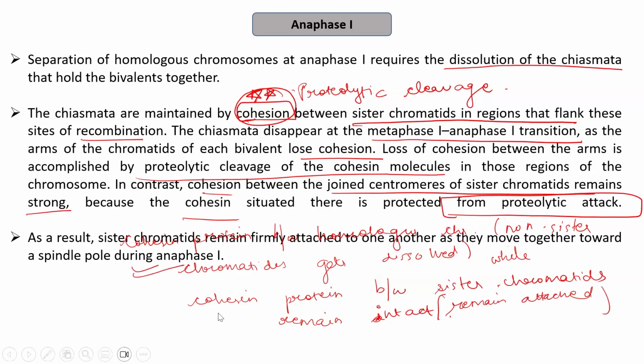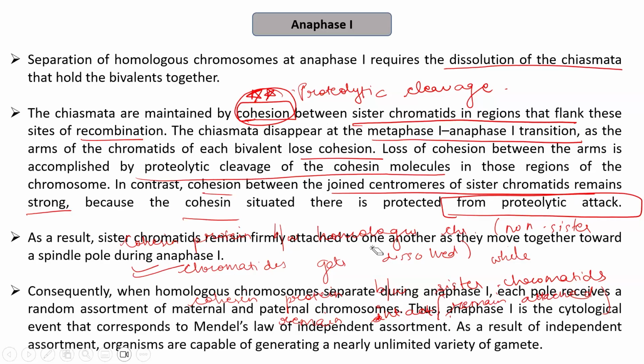So consequently, when homologous chromosomes separate during anaphase 1, each pole receives a random assortment of maternal and paternal chromosomes. As I mentioned, it is not like the paternal chromosomes will attach at the same pole and the maternal will attach on the other pole.